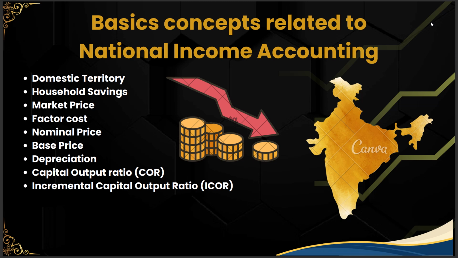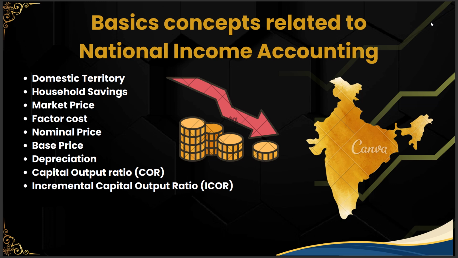But when an Indian company produces something abroad in other countries, that is not added. So the nationality of the person who owns the production process does not matter. If it is in India, it is counted into domestic income. That is the domestic territory.